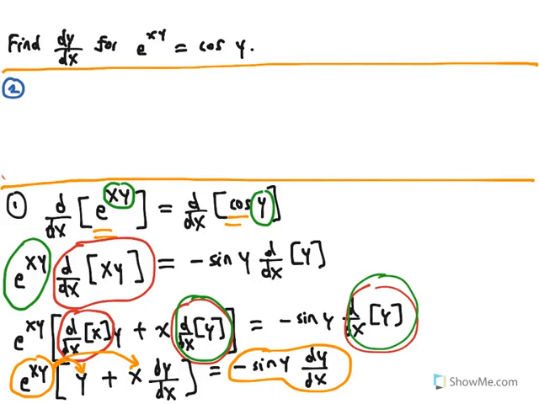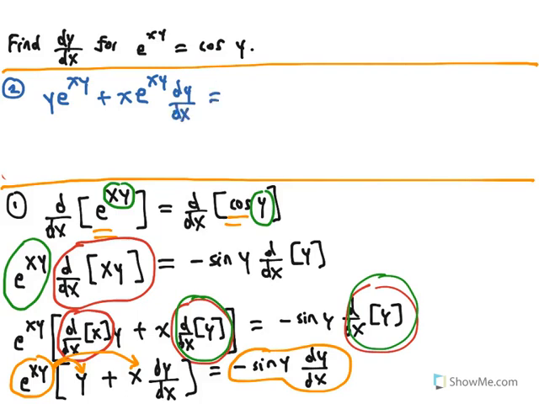So when you distribute e to the xy to the first term, you will have y times e to the xy. And when you distribute e to the xy to the second term, you will have x times e to the xy times dy dx.